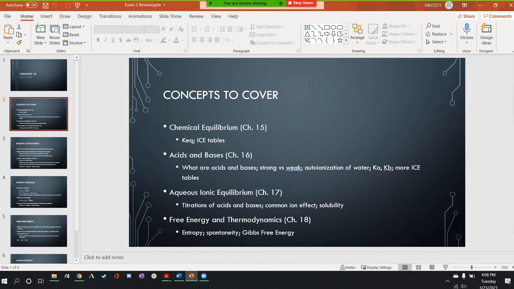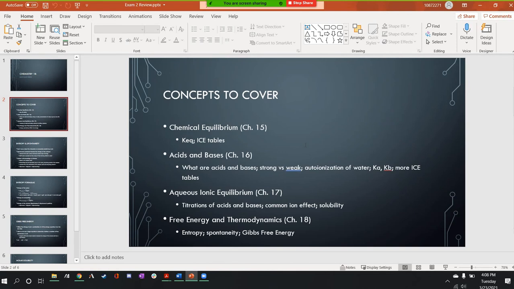In chapter 17, we looked at aqueous ionic equilibrium, which is mostly about titrations, which are very difficult, so we'll go over some of that. We also saw something called the common ion effect. Then we talked about solubility a little bit, like KSPs, just another way to express how much stuff is present once a reaction comes to equilibrium.